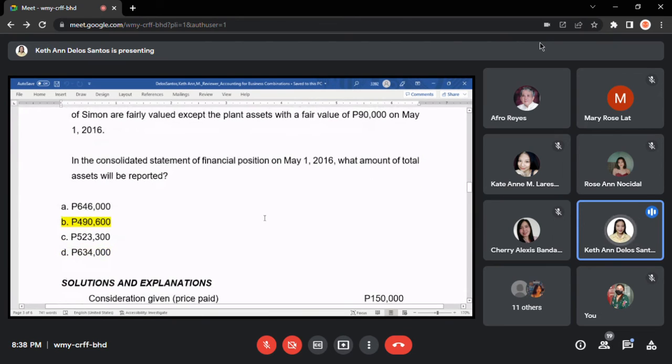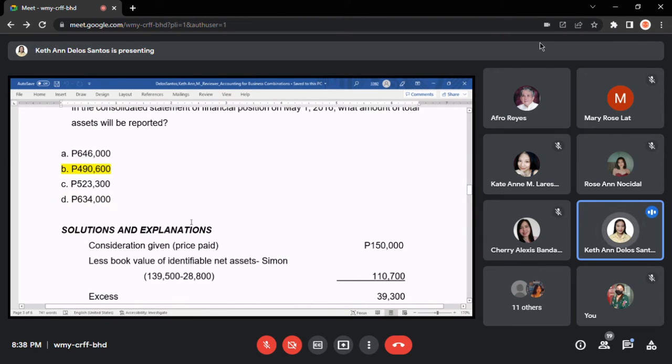A. 646,000 pesos. Letter B. 490,600 pesos. Letter C, 523,300 pesos. Or letter D, 634,000 pesos. The answer is letter B.